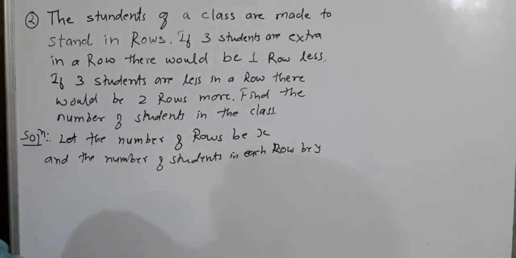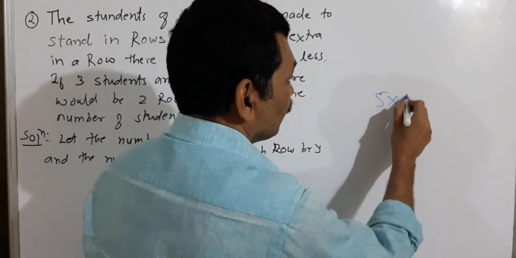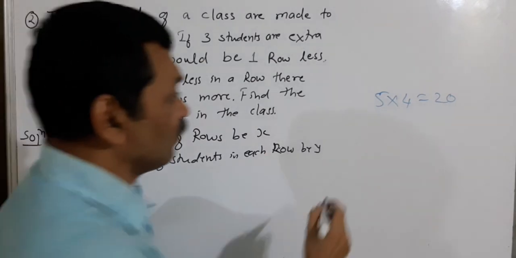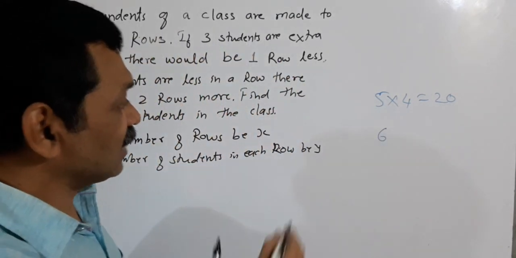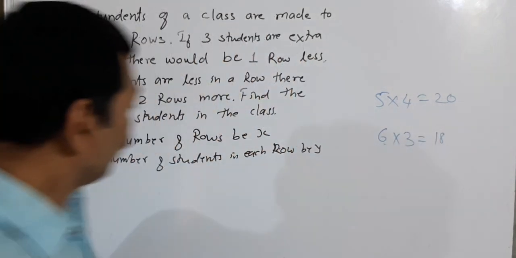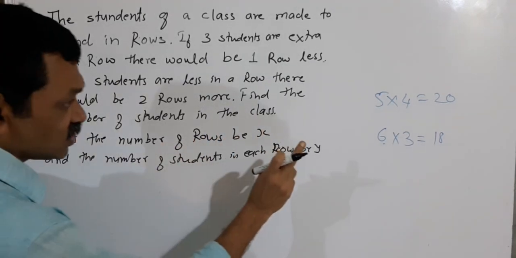Now if suppose there are 5 rows and each row has 4 students, then what is the total strength? It will be 5 into 4 is 20. If suppose there are 6 rows and there are 3 students in each row, then your total strength will be 6 3s are 18. So here number of rows are x and number of students in each row are y.